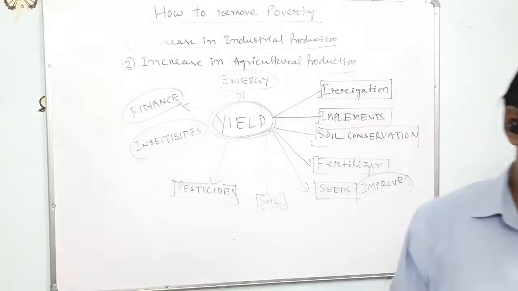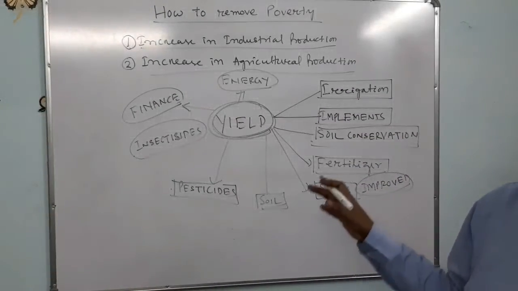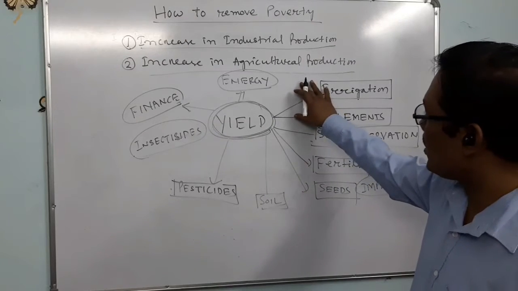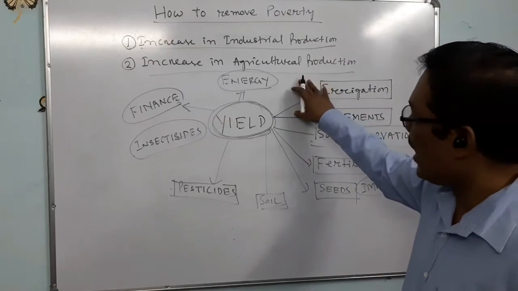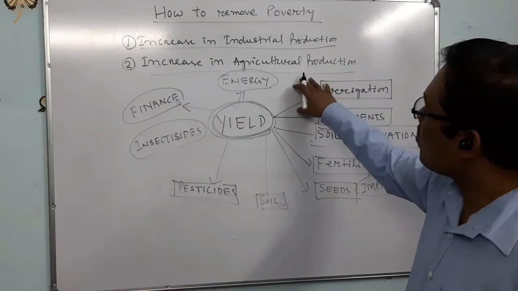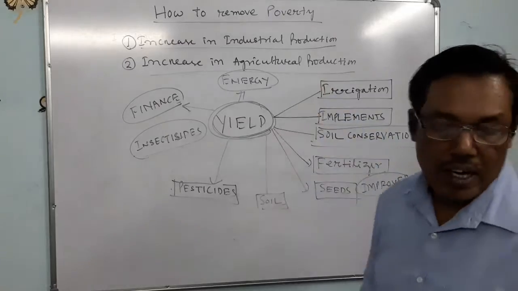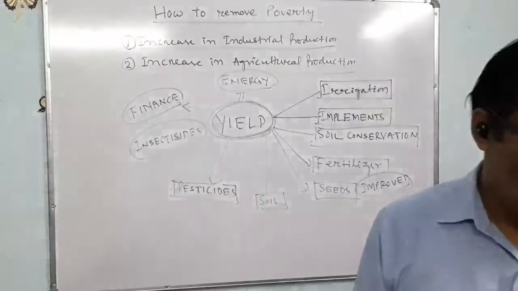So these are the different ways we can increase the production. When the farmers or small landholders get these facilities, then they can remove poverty and increase their agriculture production.